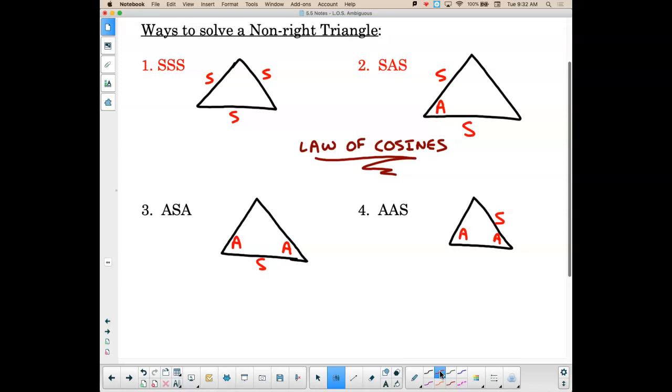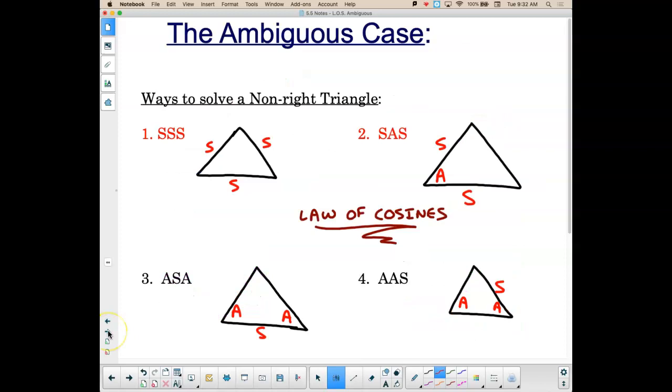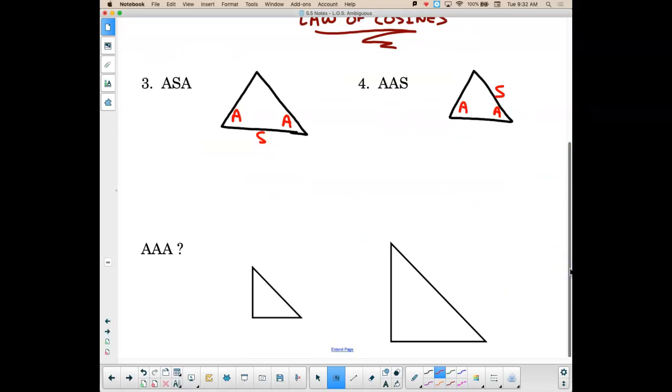What about if we had angle side? Still there's law of sines, right? That's actually the one we just did. We just did an angle side one. That's that case. We use law of sines. Not a problem. Bam, we can do it.